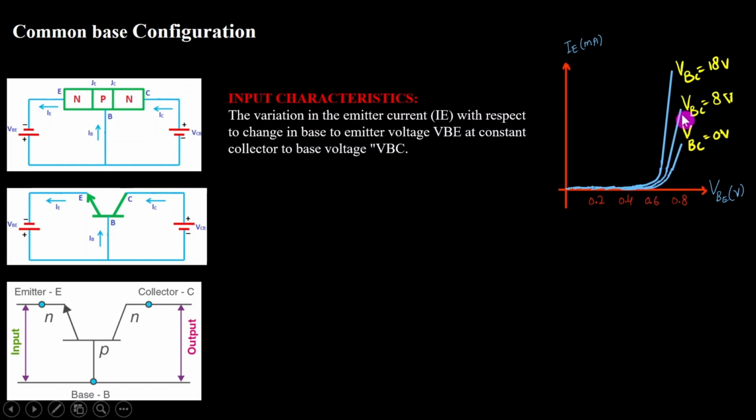Then again we will take another constant VCB, which is 8 volts. Then we will take another constant VCB of 18 volts. And we will see what the variation is for the current IE by changing the voltage VBE at constant VCB.